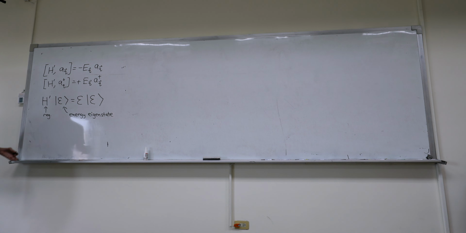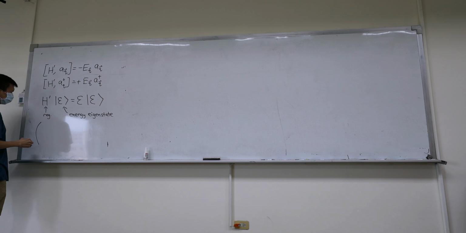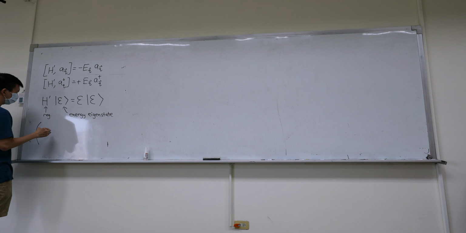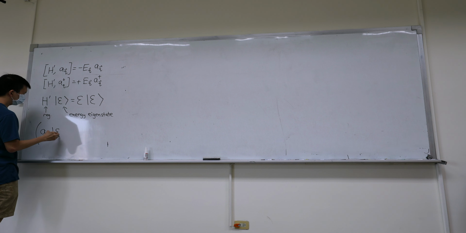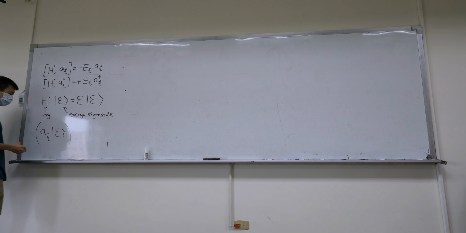And now let's ask ourselves, how do you get from one eigenstate to the other? This part should be familiar from the harmonic oscillator discussion in quantum mechanics, but we should at least see it once. So for example, I can now apply a_q on this energy eigenstate, and I can ask, what is this? And I claim this is an energy eigenstate as well.